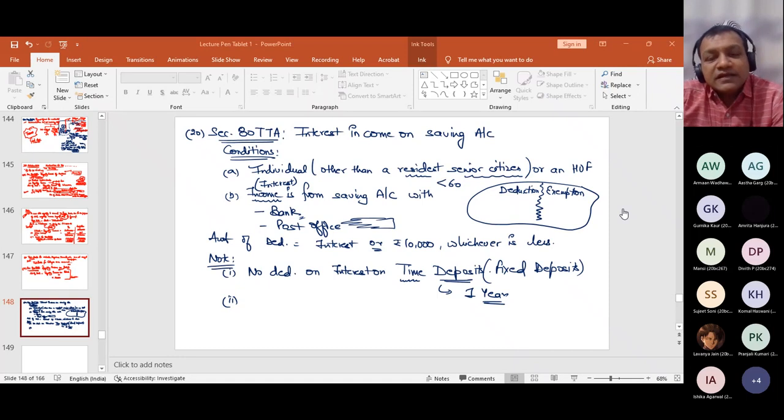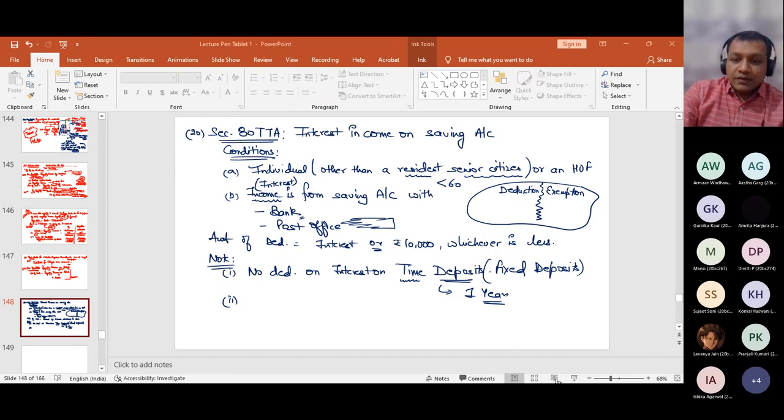Do you know that interest income from a savings account in a post office is exempt up to rupees 3,500? So now these two are different things. First, interest income from a savings account in a bank is fully taxable, but interest income from a savings account in a post office is exempt up to rupees 3,500.